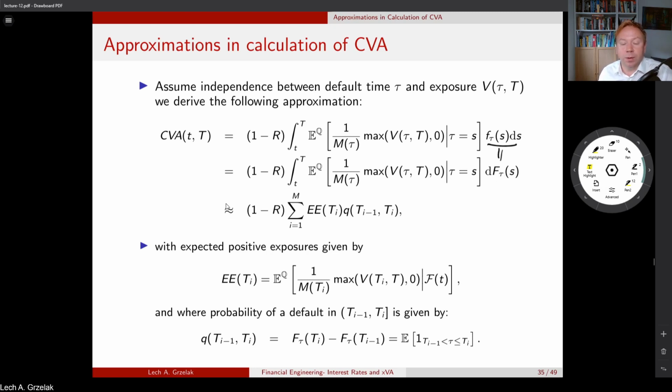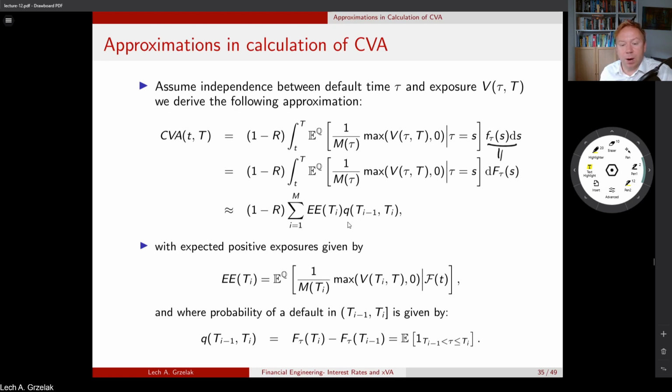And what is the market approach? Of course, it is to assume independence between tau and v, and then essentially to approximate this conditional expectation by expected exposures. You can see these expected exposures at Ti defined here. So this integral becomes a summation. This is one approximation.